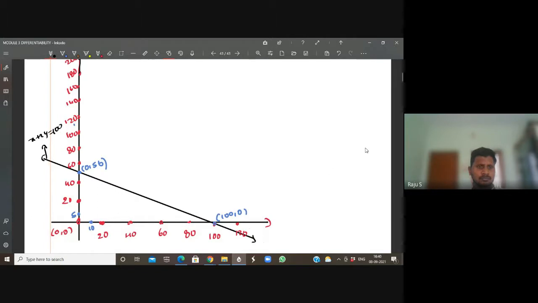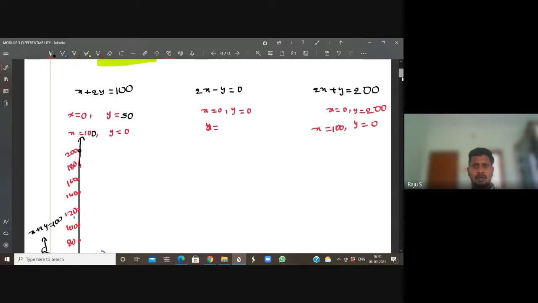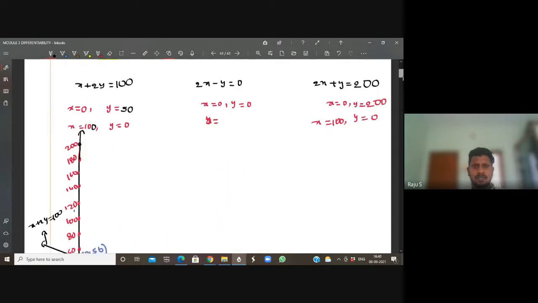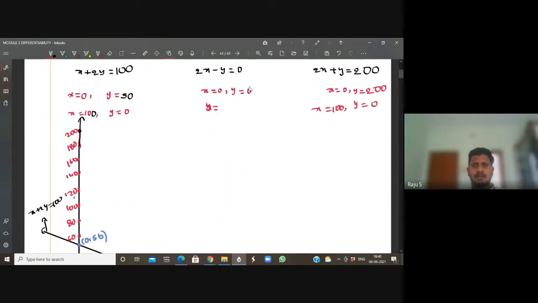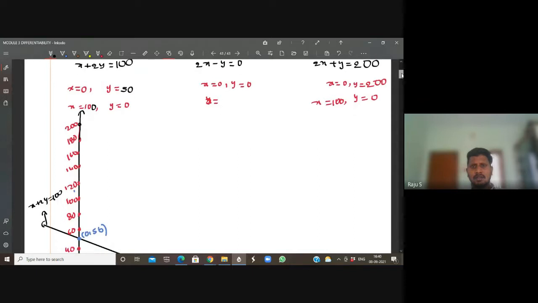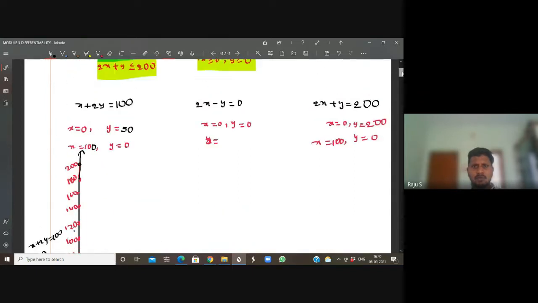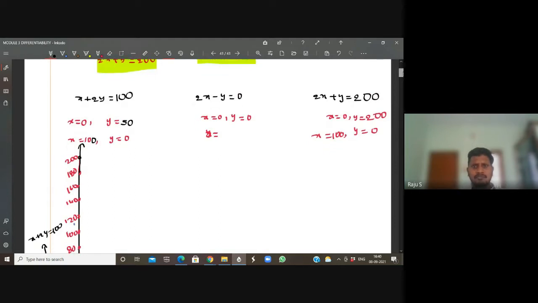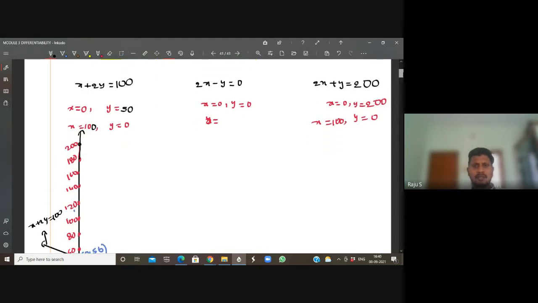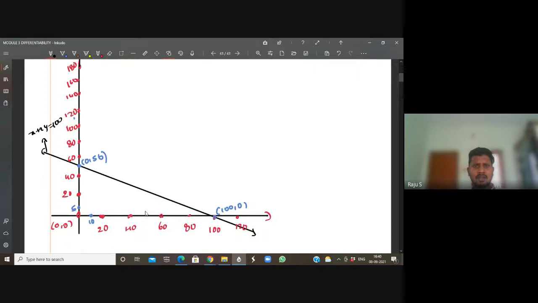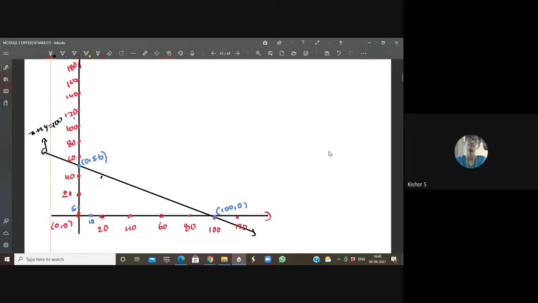Right. Next line: the values x 0, y 0. And in case x is equal to, for example, take x value 20. What is the y value? 40. X value is 20, y value is 40. Sir, could you scroll up one minute?